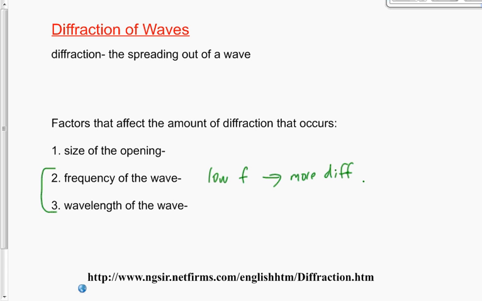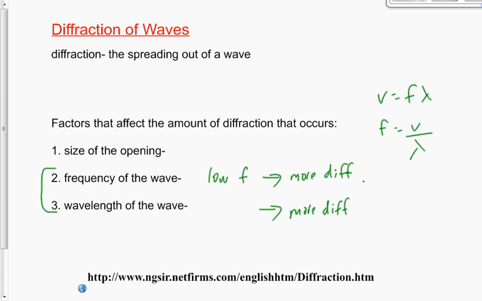Now we said 3 kind of goes with number 2 here. If low frequency causes more diffraction, then what do we know about wavelength? Well, we do know that wavelength is inversely related to frequency. So as one goes up, the other one goes down. That means if a low frequency causes more diffraction, then a blank wavelength causes more diffraction.